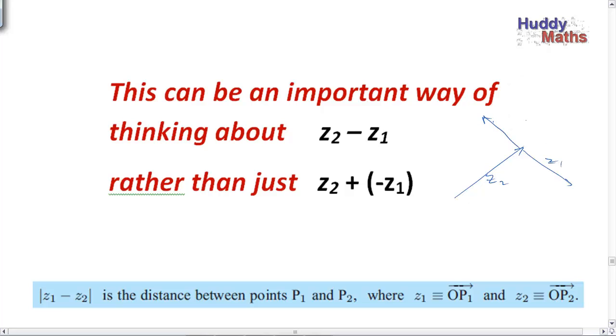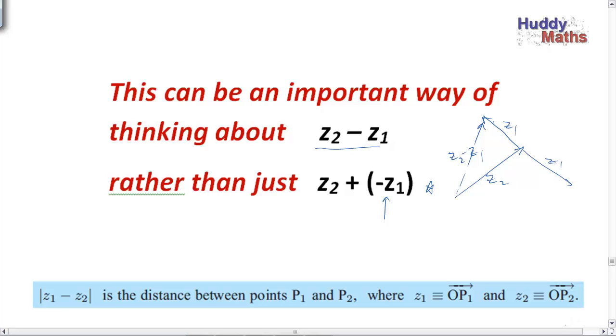So that's true as well. This would be Z2 take Z1, done in the conventional way, adding on the negative of the vector representing the complex number Z1. That's one way, but this is a handy way where you think of it around a closed figure.